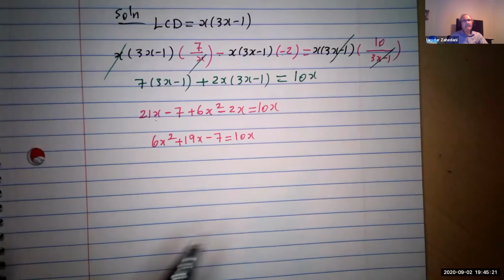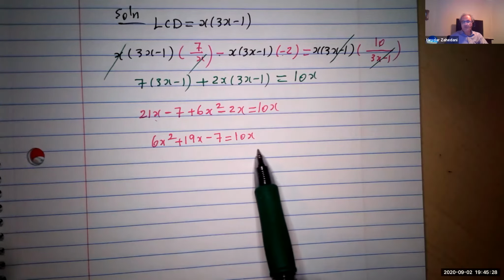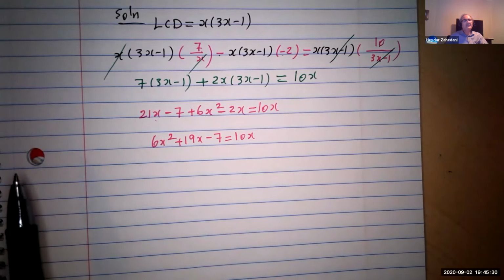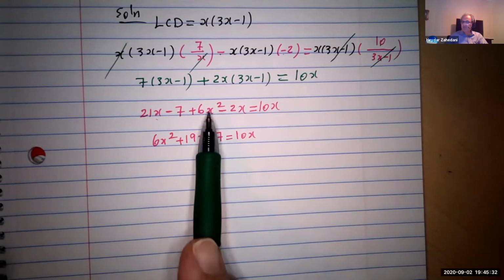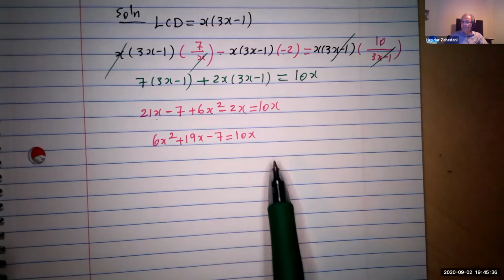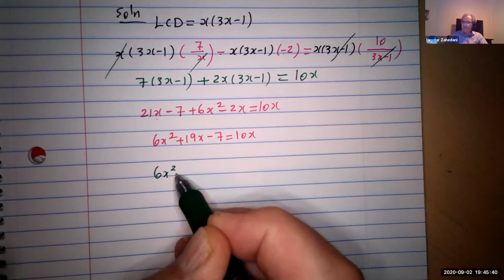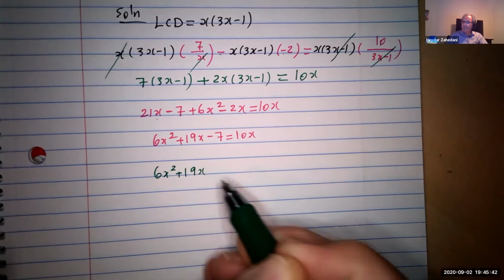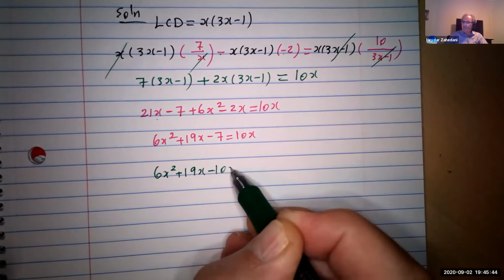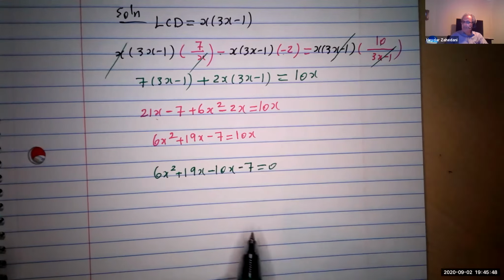Now the next step is, since you see the x squared here, you have to move everything to one side of the equation. So that's 6x squared, 21 minus 2 is 19. So subtract the 10. That gives 6x squared plus 19x minus 10x minus 7 equal to 0.